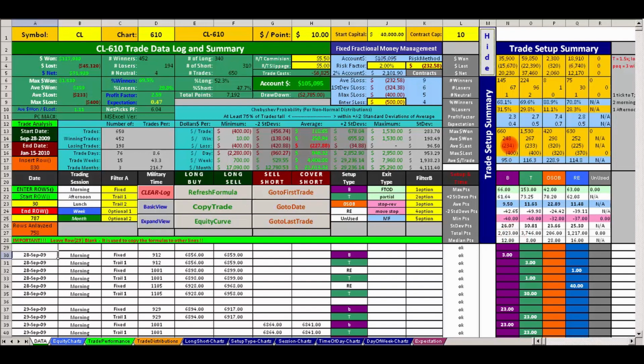Now let's jump up to the upper portion. Again, the gray boxes in column L on the left tell us what kind of information we have for each trade type. In the first 3 we've got dollars won, dollars lost, and dollars net. In the next section we have the number of winners, number of losers, and the number of neutral or break-even trades.